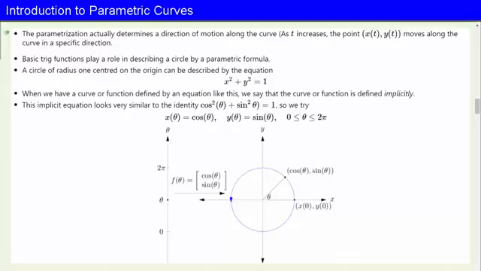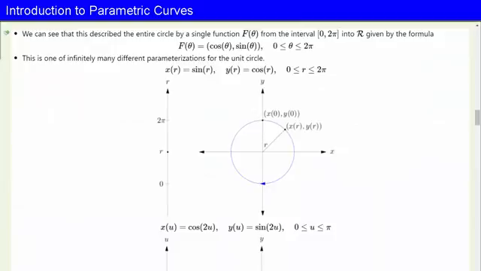Now this implicit equation looks very similar to the familiar identity cos² θ + sin² θ = 1. So we try the parameterization x(θ) = cos θ, y(θ) = sin θ, and let's let θ cover the range 0 to 2π.